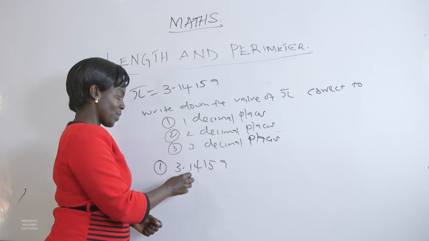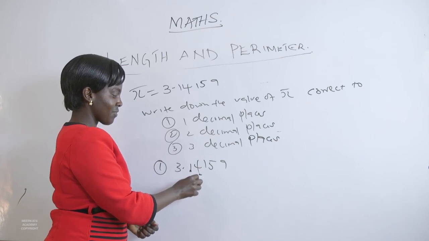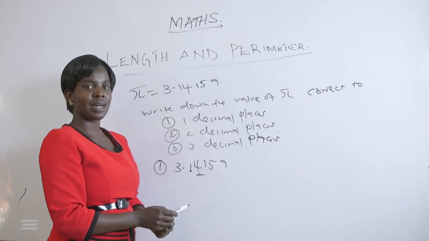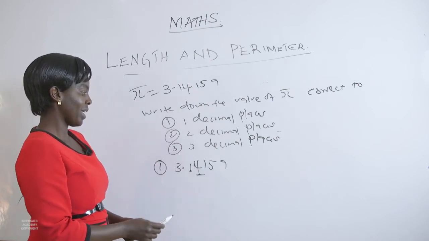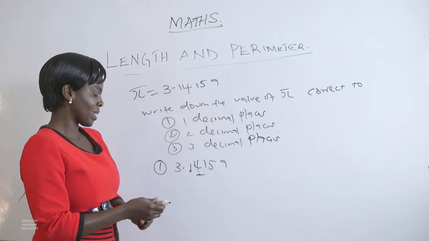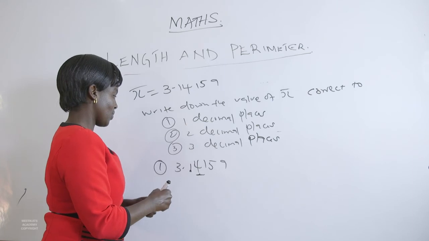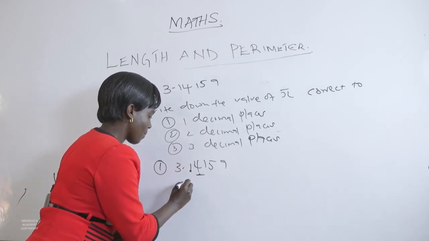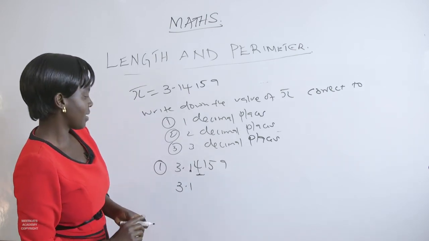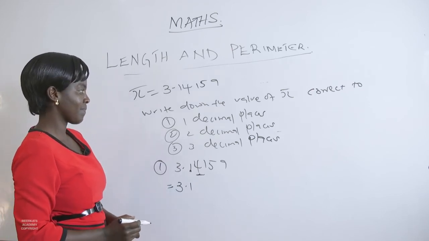When you are rounding off, you go to the next digit and see whether it is above or below 5. Let us check if 4 is above or below 5. We realize that 4 is below 5. If it is below 5, then we make it 0, so that the value that we will have will be 3.1. So our answer here will be 3.1.